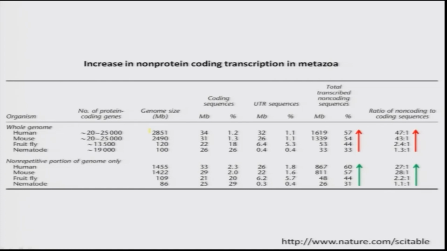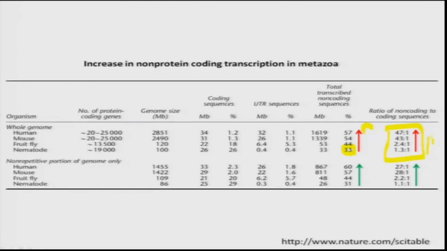If you look at the relative proportion of the genome that is transcribed into RNA that does not have any coding potential, meaning it may not really code for genes, so they are not classified as genes, that really has gone up. For example, it is 33% of the genome, but as you come up to the human it is much higher, and the ratio of non-coding sequence shown here has gone up.